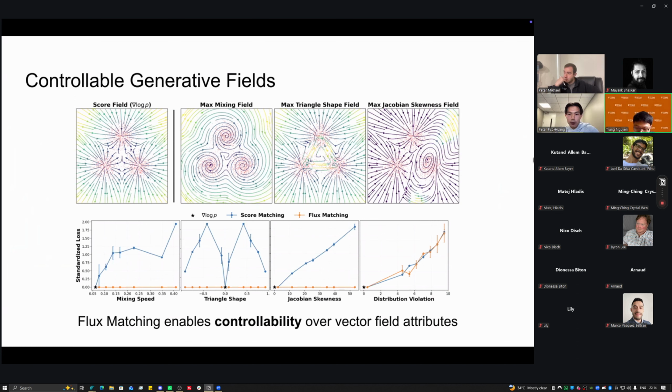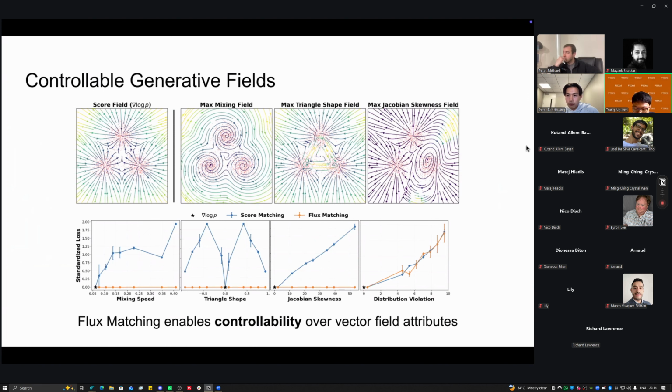And so you add the application specific loss for each of them? No, so this is directly, to control for all the potential optimization issues and things like that, we just directly assign a vector field with a mixing speed of some predefined value.